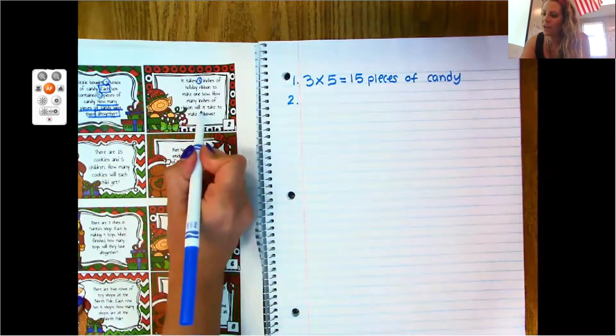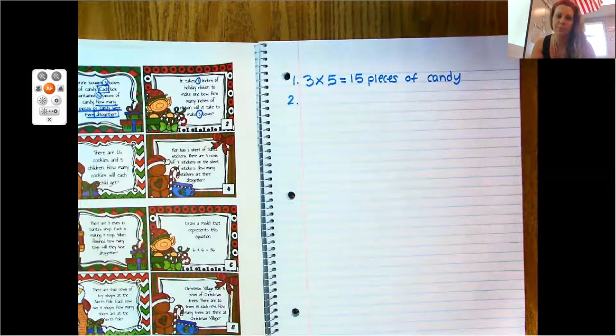We have to find out 3 bows. So if one ribbon takes 8 inches and we need to make 3 ribbons, are we getting a big number or a smaller number here? We're getting a big number.